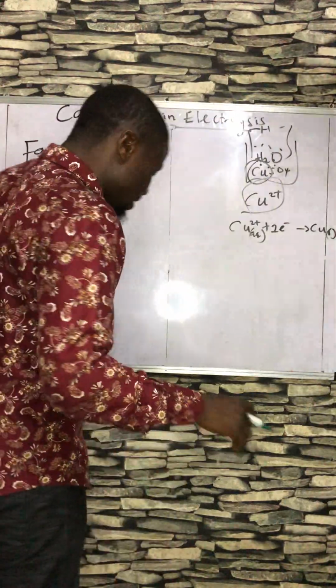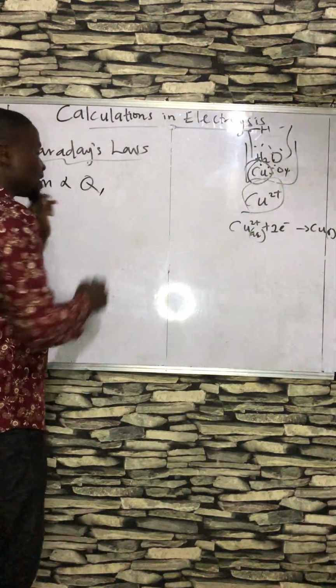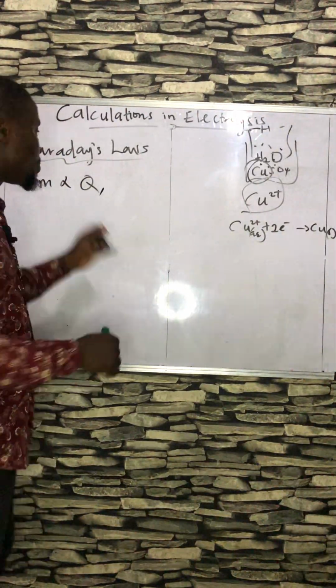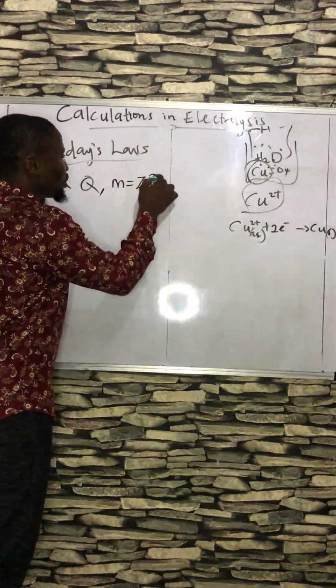So mathematically, mass is directly proportional to the quantity. In mathematics, when you're talking about variation, you introduce the constant of proportionality. So M is equal to ZQ.